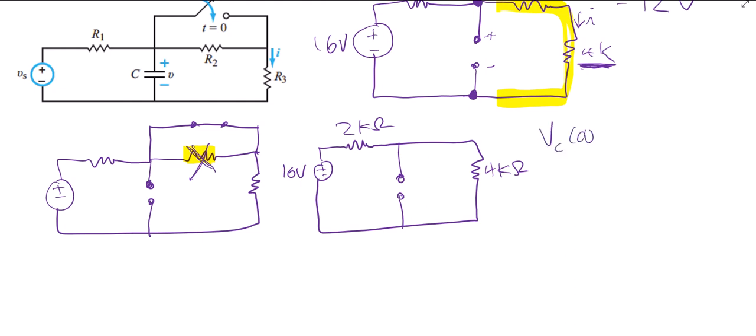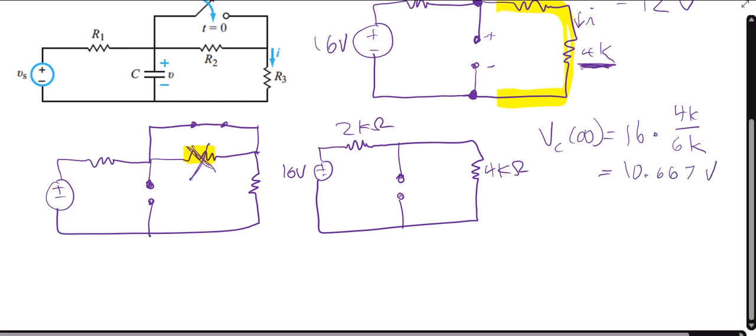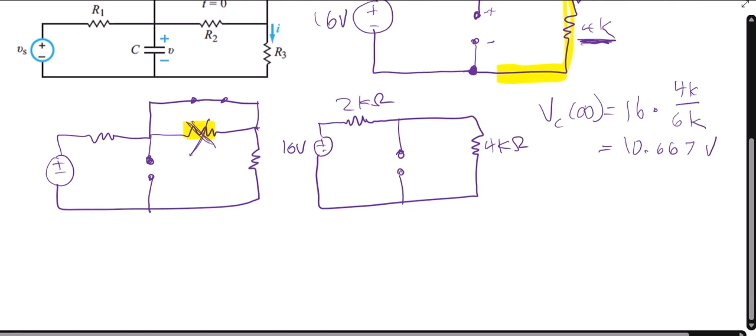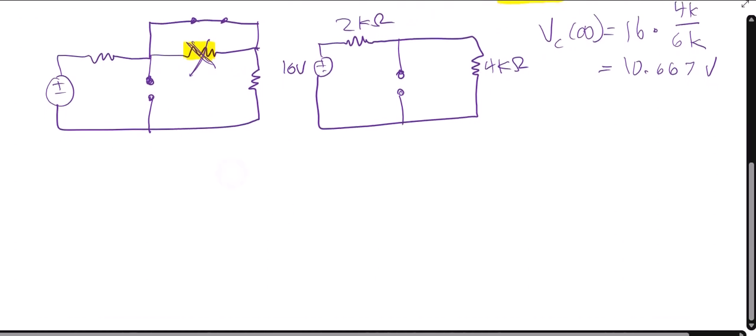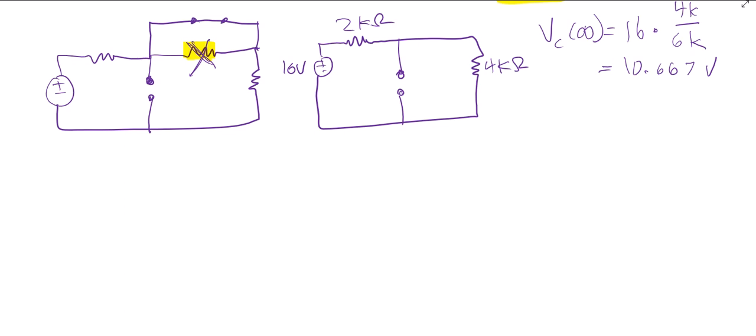So VC at infinity is going to be our total voltage, which is 16, times 4K over the sum of the resistances, which is 6K, which I get to be 10.667 volts. So we have VC of 0, we have VC at infinity. Next we need to get tau.